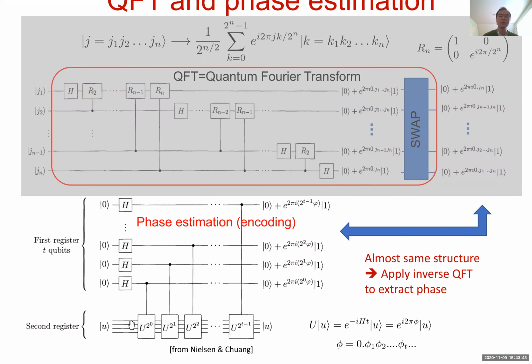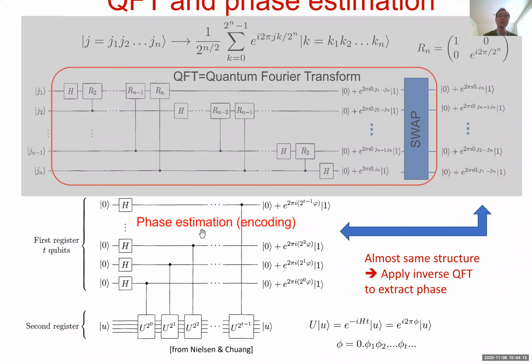Assuming U is an eigenstate of a unitary operator, which has a phase e to the 2 pi i phi, if you do this only once, that just puts a phase in here. That's very similar to this here. If you do U squared, you put 2 times the phase in here, very similar to that. That's shifting the digit to the left and removing the integer one, right?